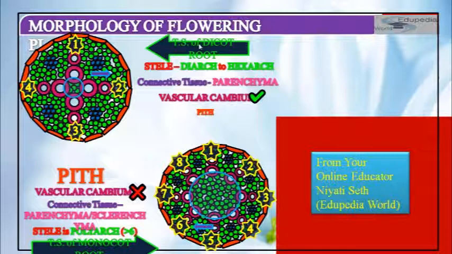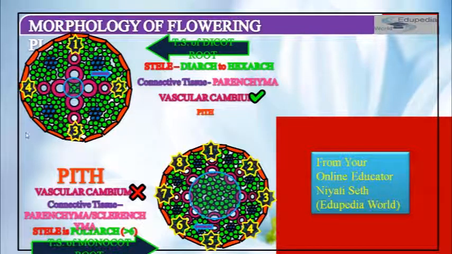Now comes your dicot root. Pericycle gives rise to lateral roots and part of the vascular cambium in case of dicot root. And the number of xylem and phloem groups is limited from 2 to 6, that is from diarch to hexarch. And xylem vessels are angular or polygonal in transverse section.